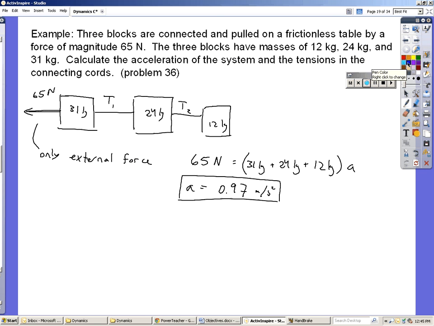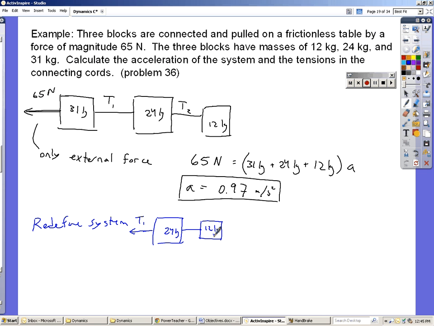Next, we want to find the tensions. Now T1, we're going to redefine our system, so that our system is now just the 24 kilogram block and the 12 kilogram block.